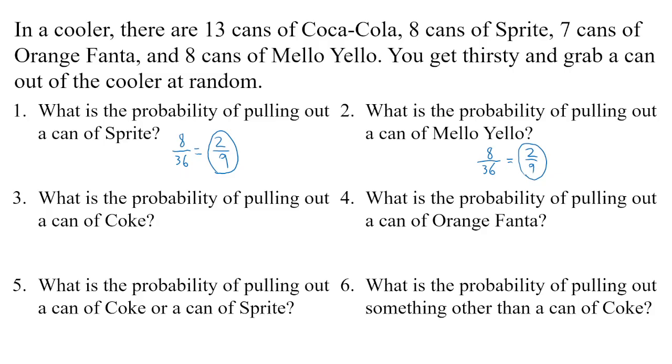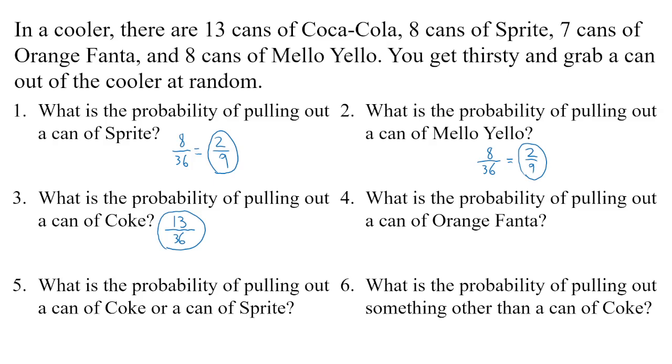What is the probability of pulling out a can of Coke? So let's see, there are 13 cans of Coca-Cola out of 36 cans in all. 13 over 36 does not reduce. Therefore, that probability is 13 out of 36.